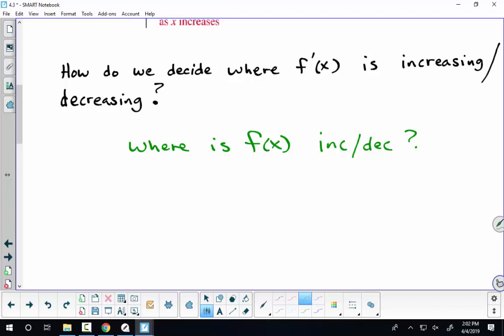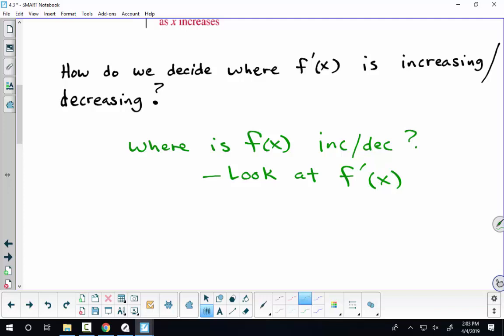So where is this function increasing or decreasing? We look at the first derivative. So where is the first derivative increasing or decreasing? We have to look at what?